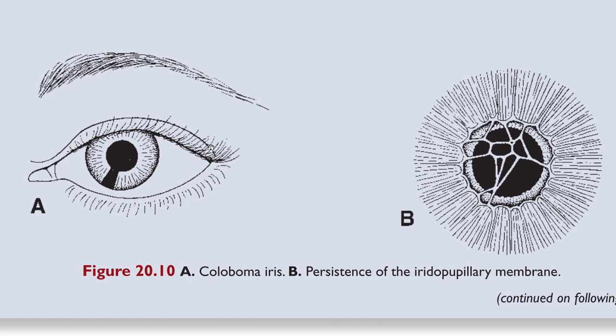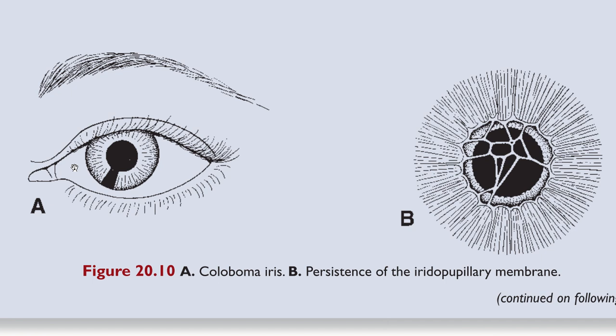Right. So here we have two things that we have to understand. Right here, your option A, that's your coloboma. That's coloboma iris. So what is coloboma? Remember, we said that around the seventh week you have the closure of the choroid fissure, which was the passage of the hyaloid artery.